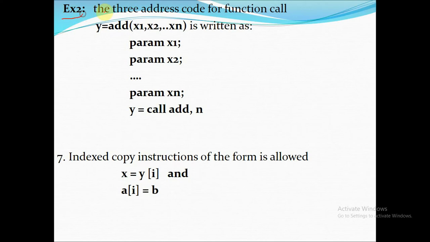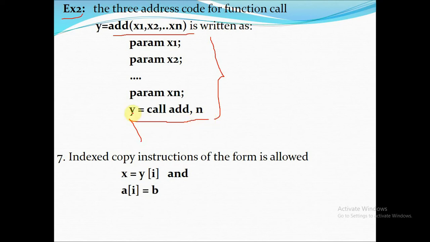Example 2. In the function call statement, sometimes it can return some value and it should be caught by another variable. In that case the code is shown here. Param x1, param x2 and so on up to param xn list out the parameter names, and y equal to call add, n.